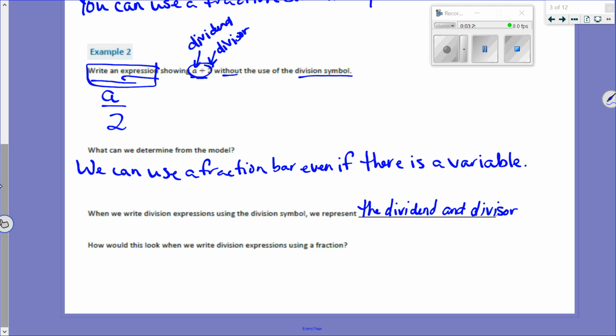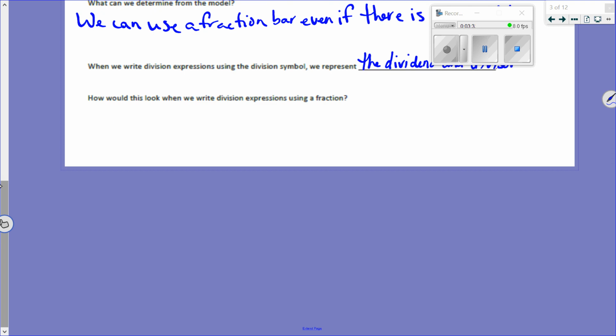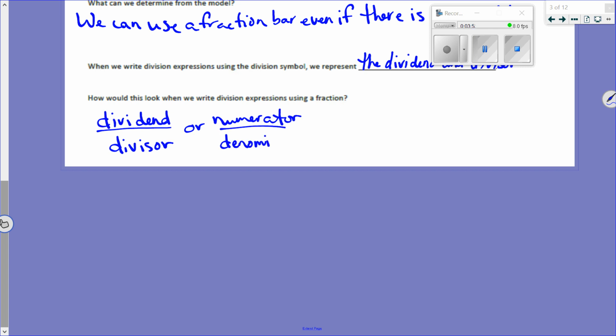So how would this look when we write division expressions using a fraction? So when I change this to a fraction, which one came first? The dividend. And the divisor came second. Or we can look at that as the numerator and denominator. Make sense?